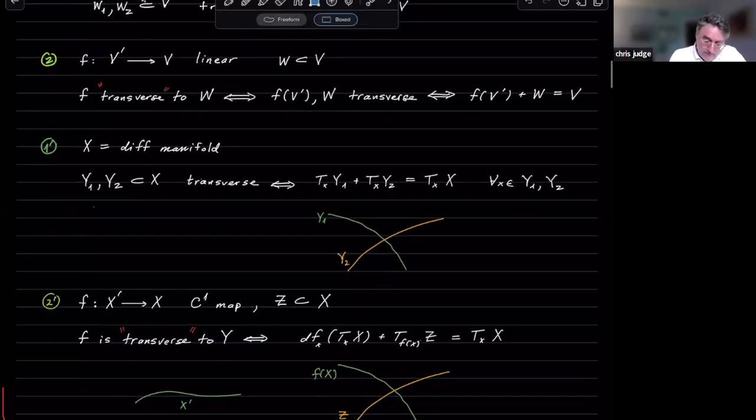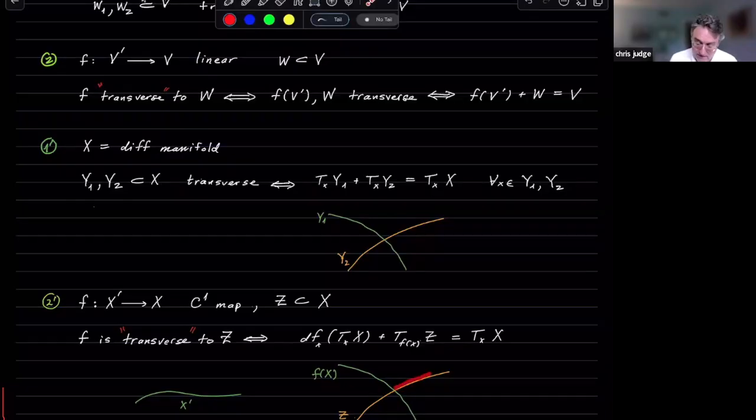And then similarly, I can extend this to the notion of a map. So we say that F is transverse to Z, I should say Z. I got this backwards, that's a typo. F is transverse to Z if the image of the differential, that is, the image of the tangent space under the map F, plus the tangent space to Z, span the entire tangent space.